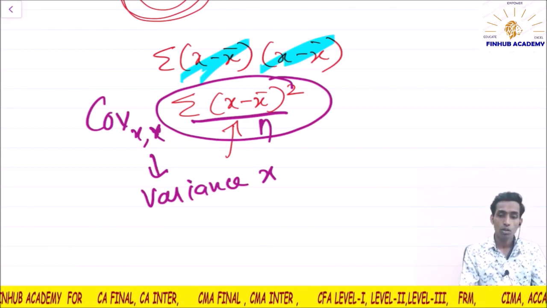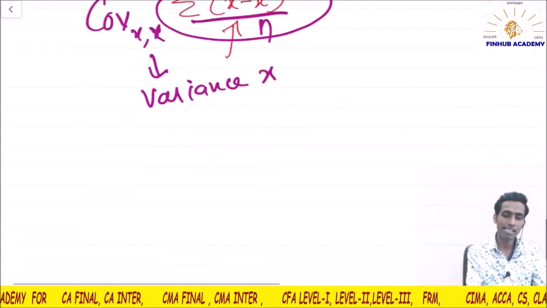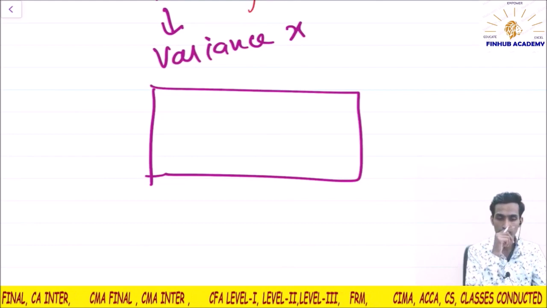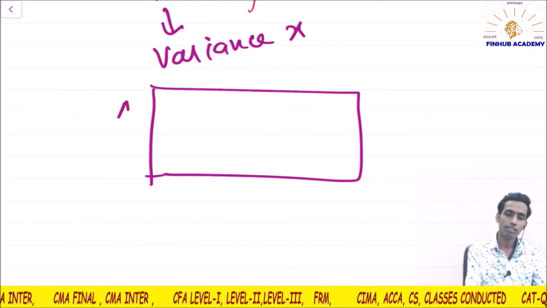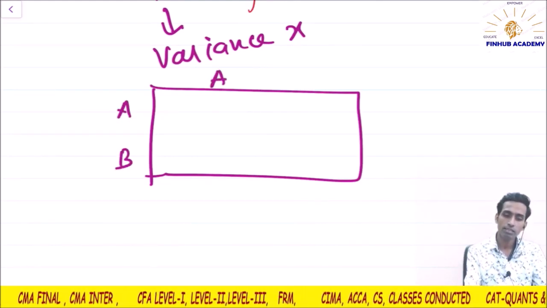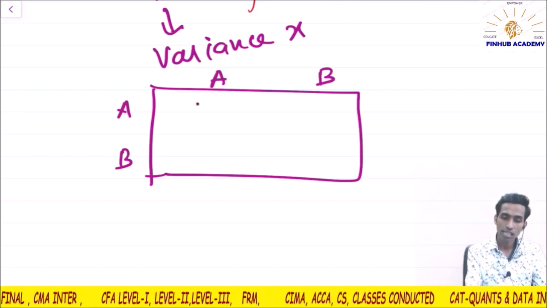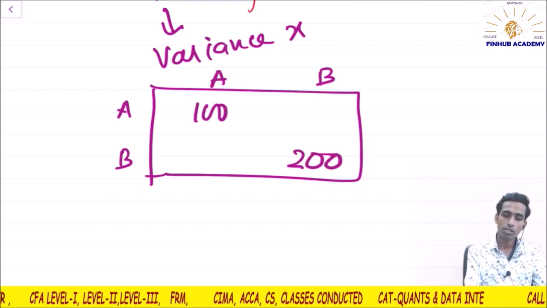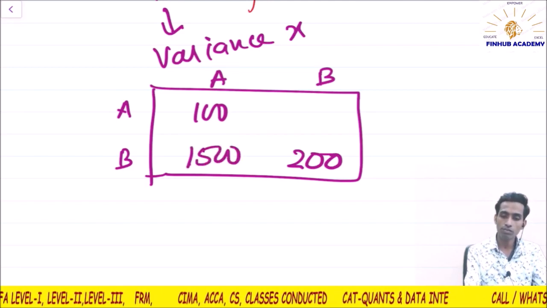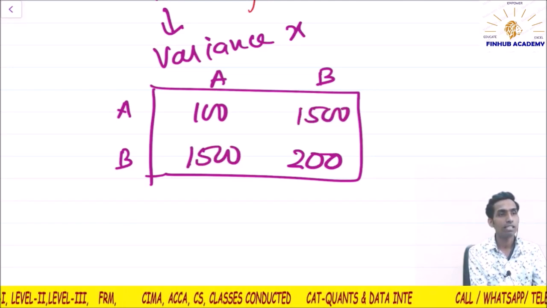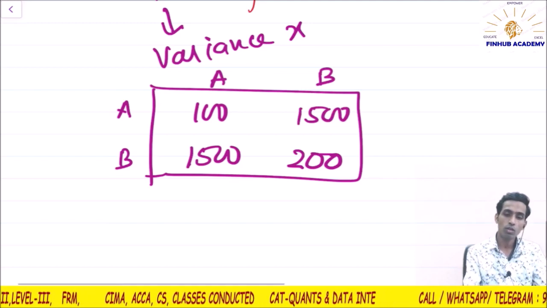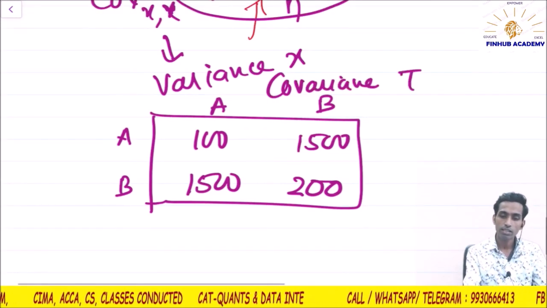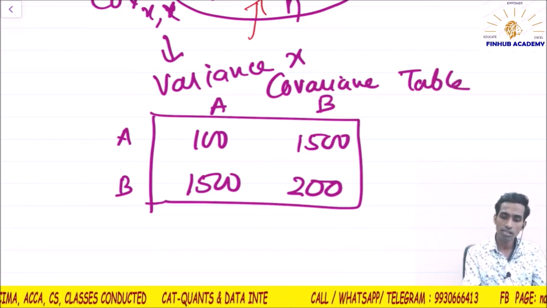Understood? Many times in an exam, a sum is given like this: A, B, A, B. Here it was 100, here 200, here 1500, here 1500. And they wrote covariance table. Can you tell me what each of these is?